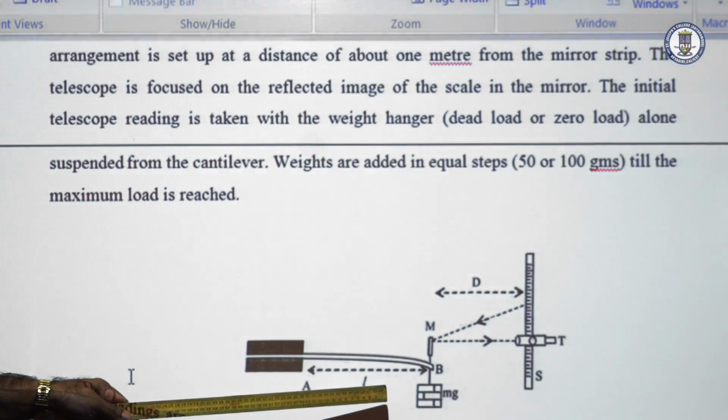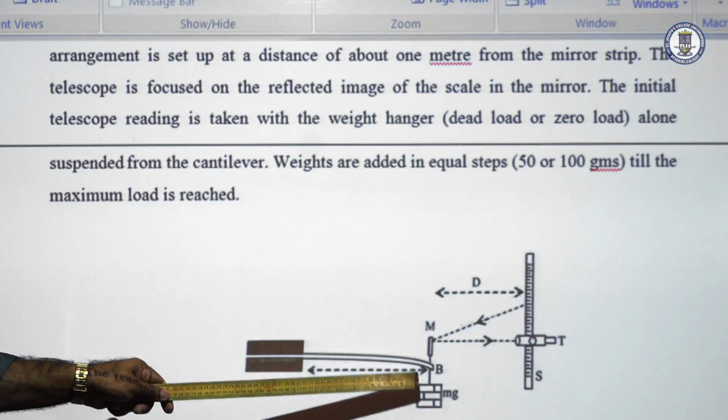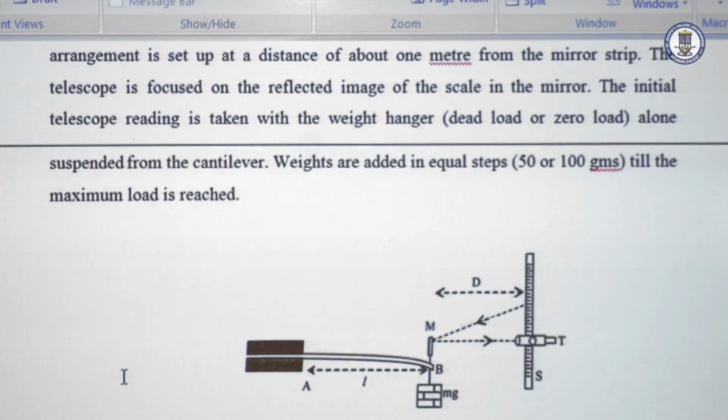Now when the cantilever is loaded, the bar gets depressed, and correspondingly the mirror is turned through a certain angle theta. So the deflection on the scale changes by 2 theta, then 2 theta is equal to S by D, and that we are measuring.